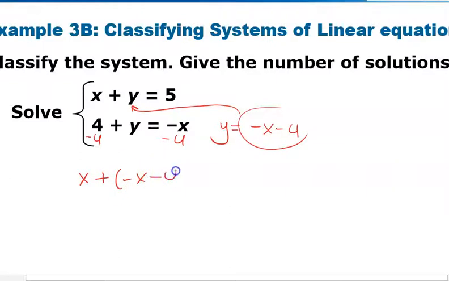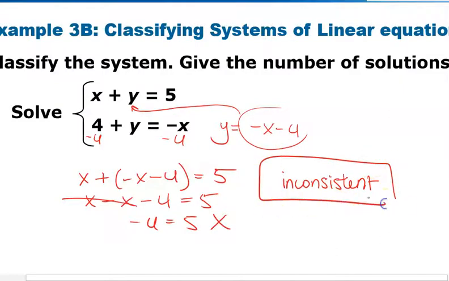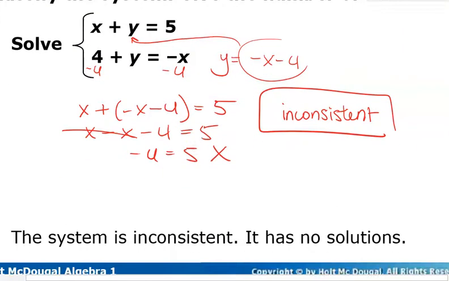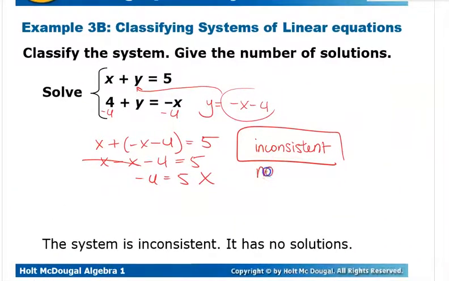And drop those parentheses. I don't need them. And, ooh, look, that cancels. So I get negative 4 equals 5, which is not true. So this is inconsistent. Just inconsistent. They're parallel. No solutions. Oh, sorry, give the number of solutions. No solutions. No solution.